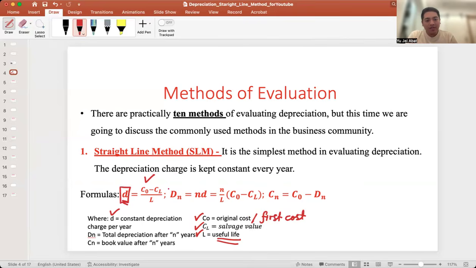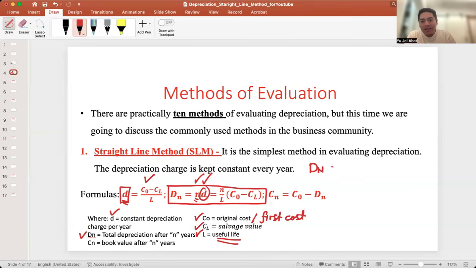So we also have another formula, D sub N, which means the total depreciation after n years. The n here is just simply the number of years multiplied by the depreciation every year. So it's just logical to say that this formula is the total depreciation because we are just multiplying the number of years by the value of the depreciation every year.